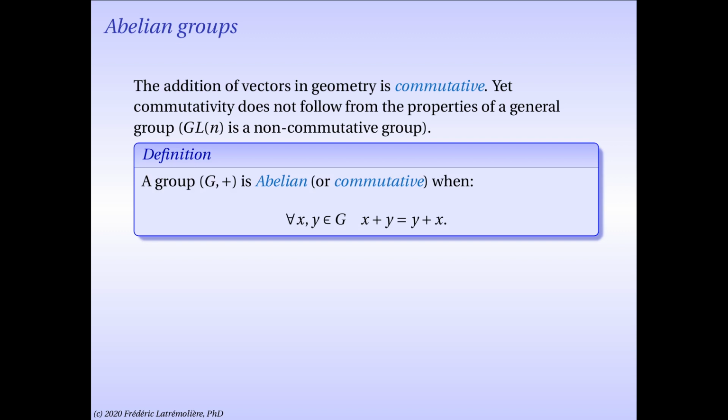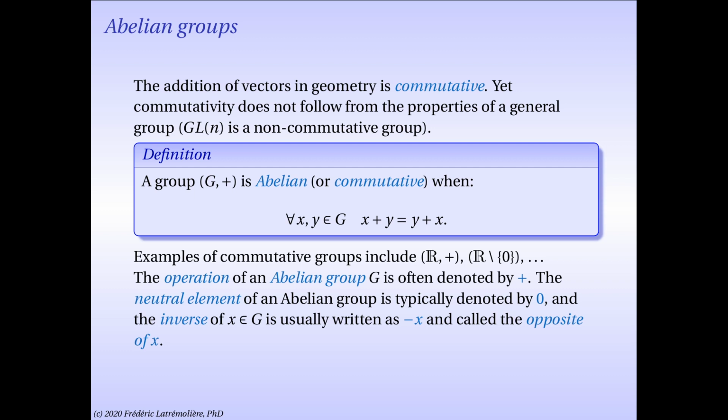An abelian group is a group (G, +) such that for all x and y in G, x plus y is equal to y plus x. The operation on the group is actually commutative. Examples include the real numbers with addition, the real numbers without zero for the multiplication, etc.